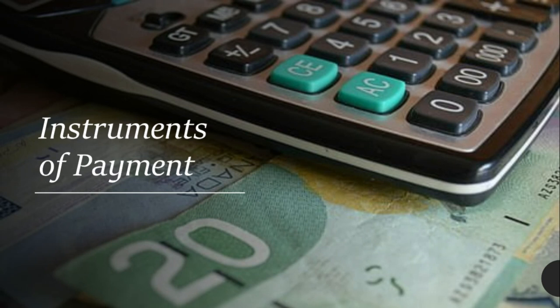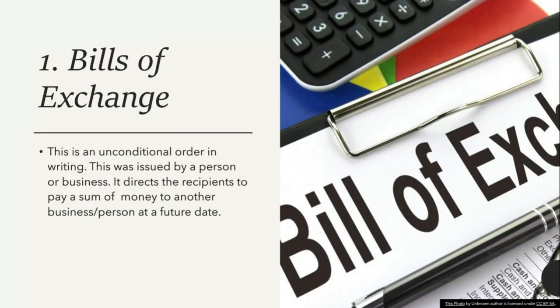So let us start looking at our instruments of payment. We have a long list of instruments of payment to look at today. Number one is our bills of exchange. A bill of exchange is an unconditional order in writing. It is issued by a person or business and directs the recipient to pay a sum of money to another business or person at a future date.